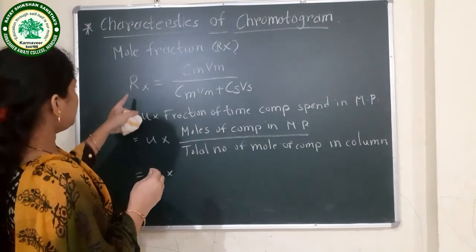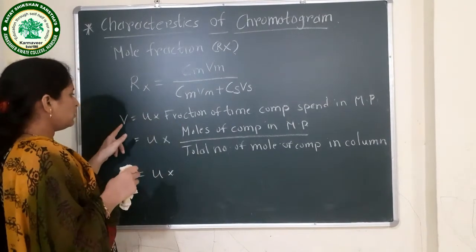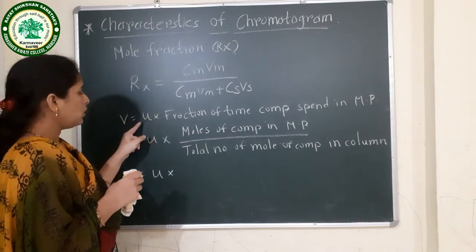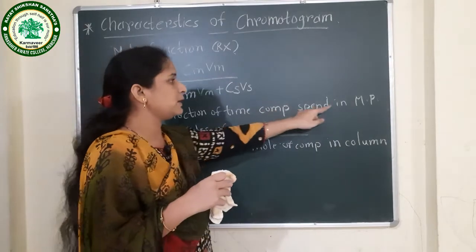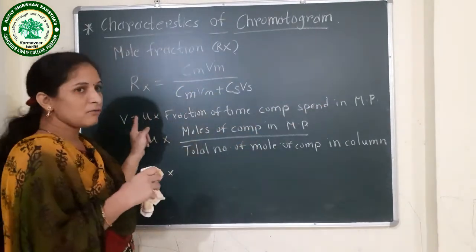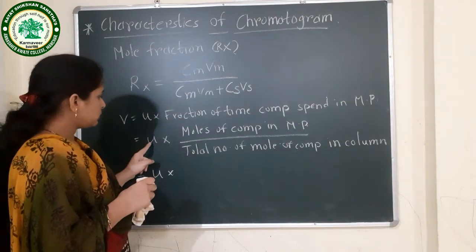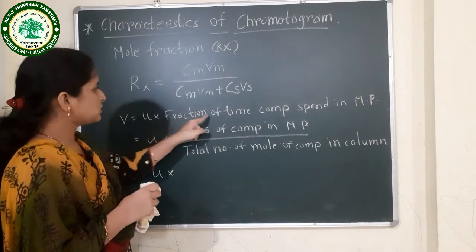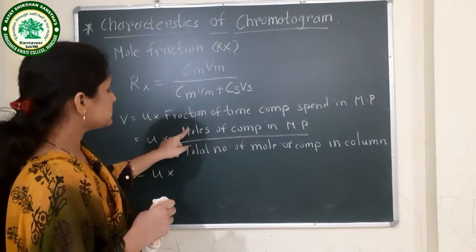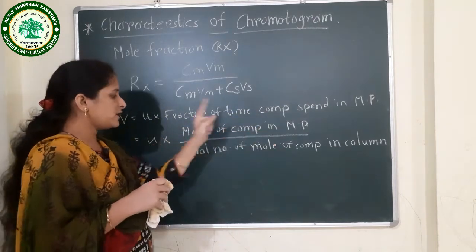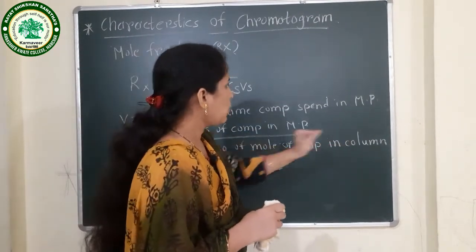Now we are relating this mole fraction equation with V and the U as V is equal to U into, we are taking U along with the fraction of the time compound spent in mobile phase, because U is the velocity of mobile phase. Okay. Now V is equal to U into this fraction of time of compound spent in mobile phase. This is moles of the compound in mobile phase divided by total number of moles of compound in the column.